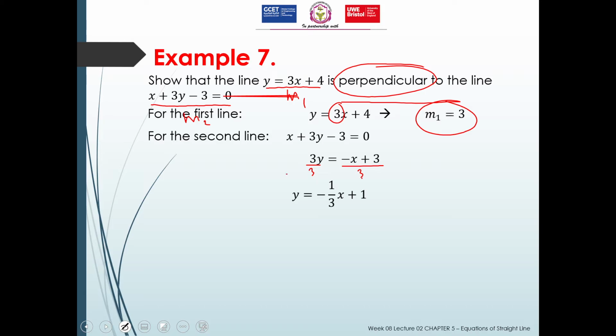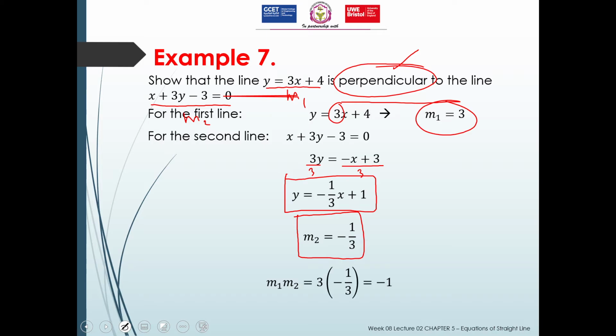Now, for the second line, we were able to transform it into the standard form. So this is y equals mx plus c, which implies that your m for the second line, or m sub 2, is -1/3. Now to check that these two lines are perpendicular, as required in the problem, let us take the product of the gradient of the first line and the gradient of the second line. We get m sub 1 times m sub 2, which is 3 times -1/3.